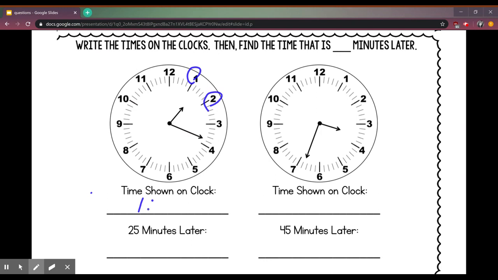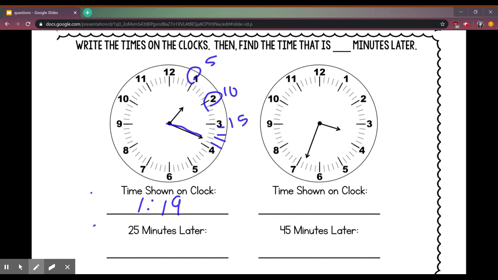Now to figure out the minutes, which is the long hand, you can count every single tick up to where the minute hand currently is, or we can do a little shortcut and know that we can go 5, 10, 15, and then start counting up by ones. 16, 17, 18, 19. So our current time is 1:19.